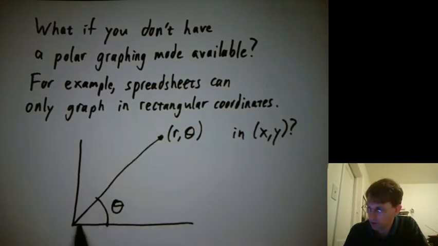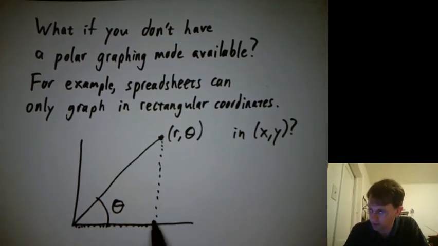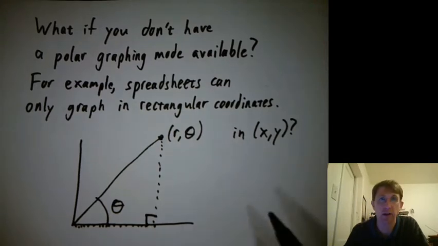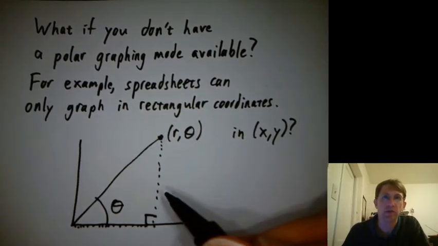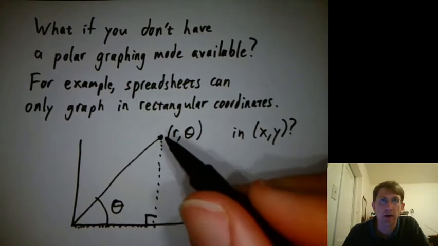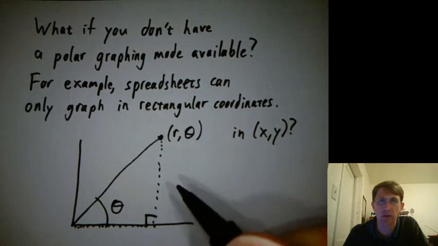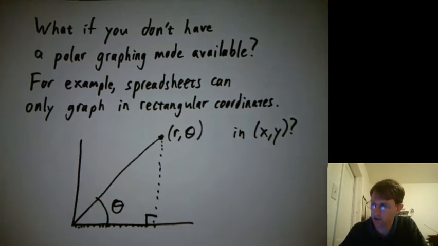One thing we can do is think about a right triangle approach like this. Put a right angle there. Does that help you figure out, if you know what theta is, how high is that part, how long is that part, which one is, there should be a sine and a cosine, right?